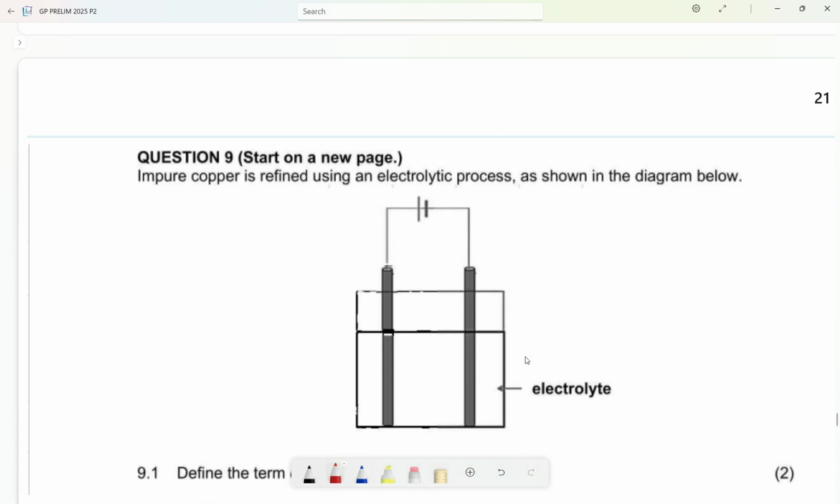Okay, I think we did not read that. Impure copper is refined. Remember, if impure copper is refined, here we have negative and positive. So this one is the negative terminal, positive terminal. And remember, on electrolytic, negative is cathode, and positive is anode.